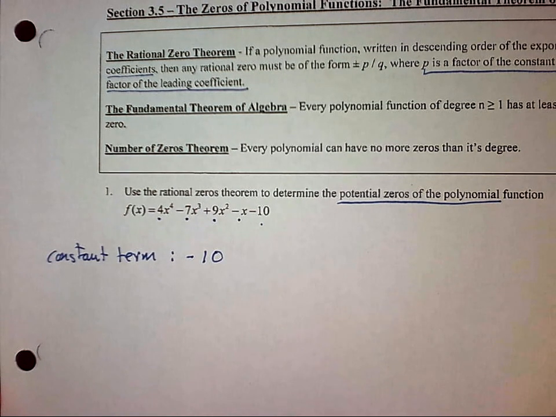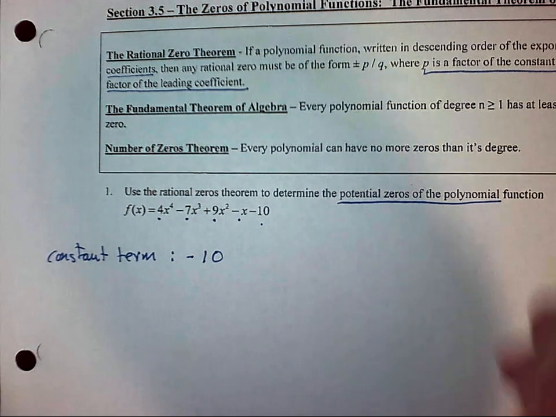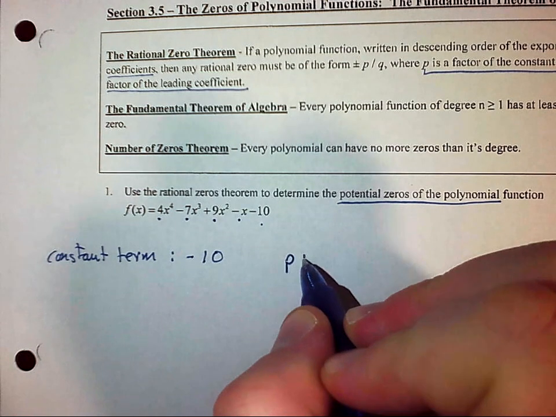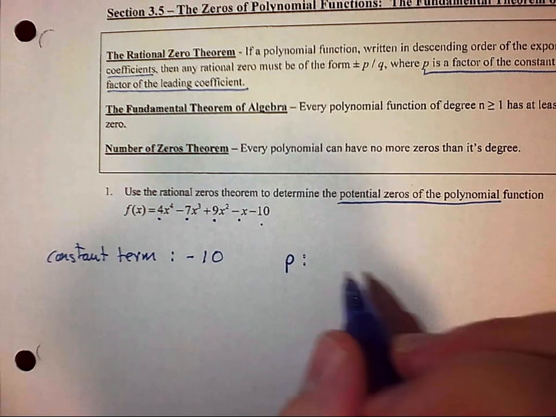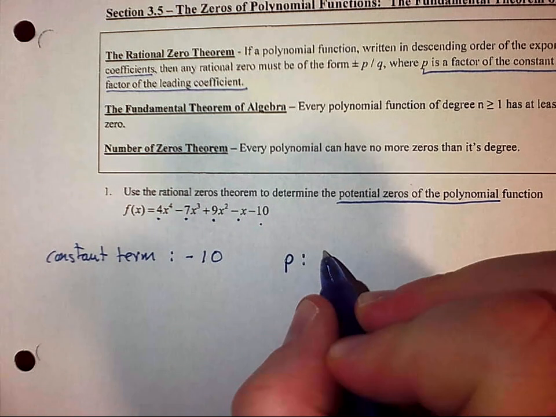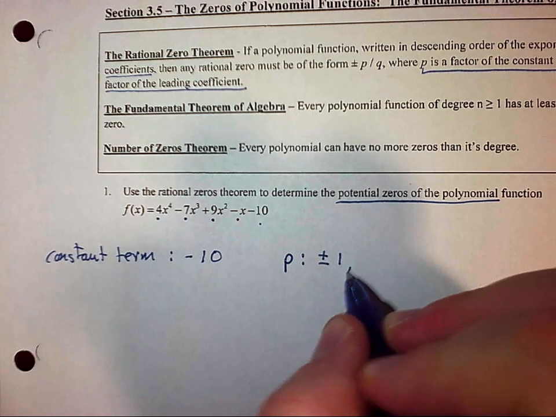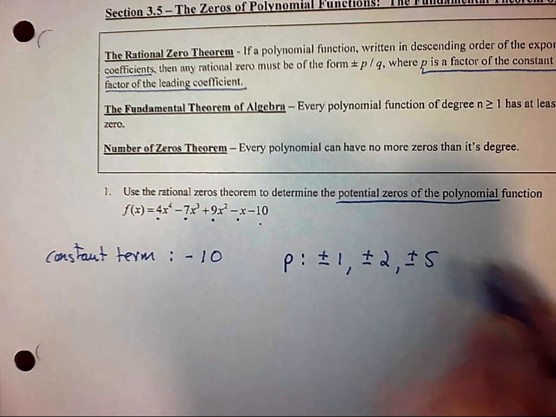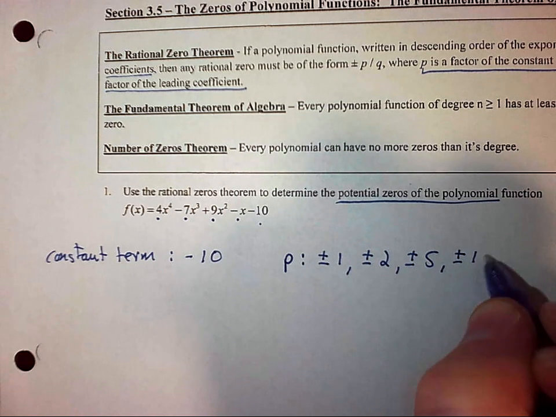Now let's figure out what the factors are for negative 10. The factors of negative 10, we're going to designate those to be p. So the factors of negative 10 are either plus or minus 1, plus or minus 2, plus or minus 5, or plus or minus 10.